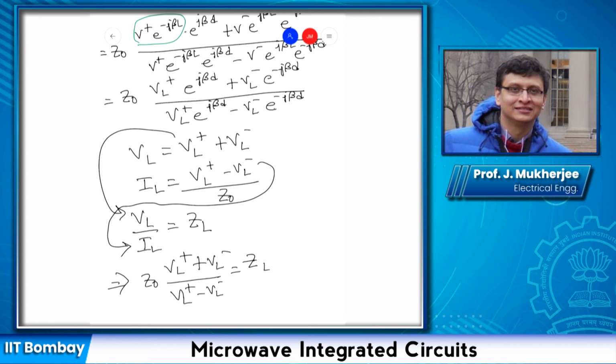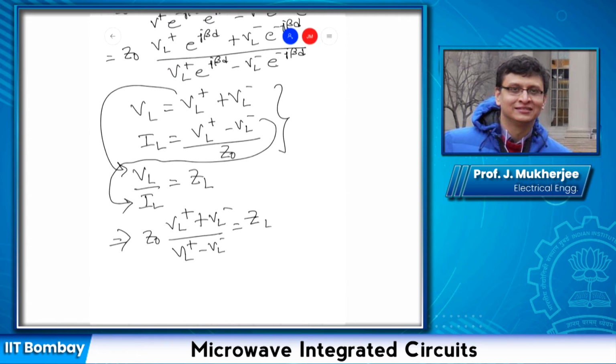Now what I can do here also is eliminate V of L plus from these two equations. If I do that, what do I get? I can get, if I eliminate V of L minus from these two equations, then I can write these two equations.